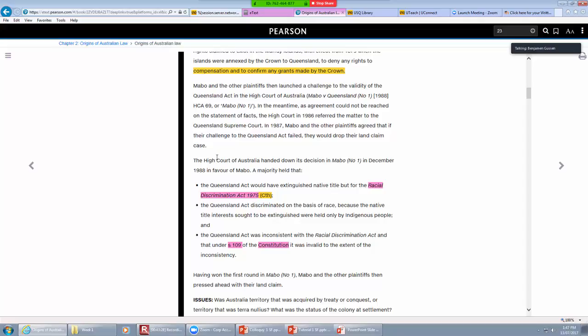Which one is going to win? The Commonwealth Act. So Mabo simply was saying, your act is in violation of this Section 109. You can't come and say that all Aboriginal people's rights have been extinguished and discriminate against us as a group. And the High Court agreed with them.